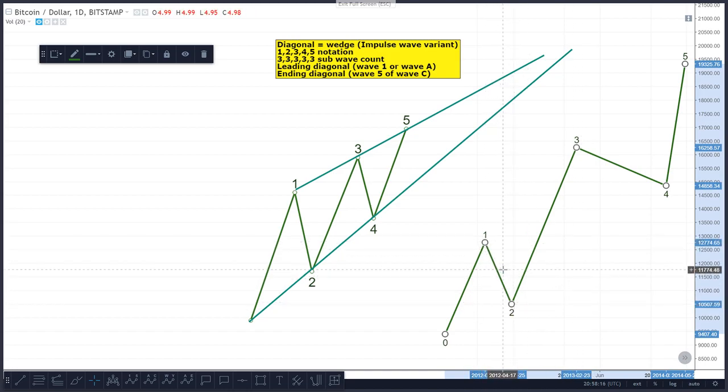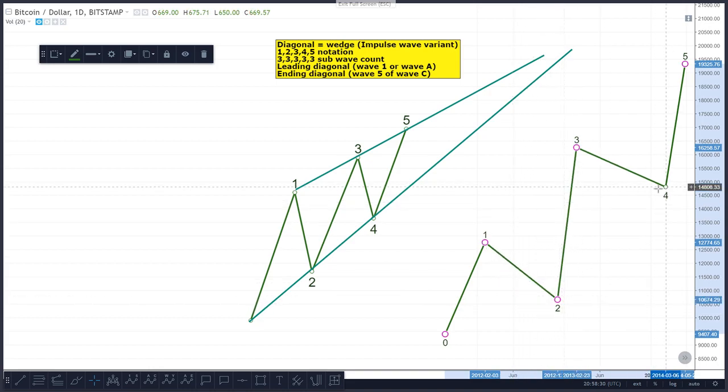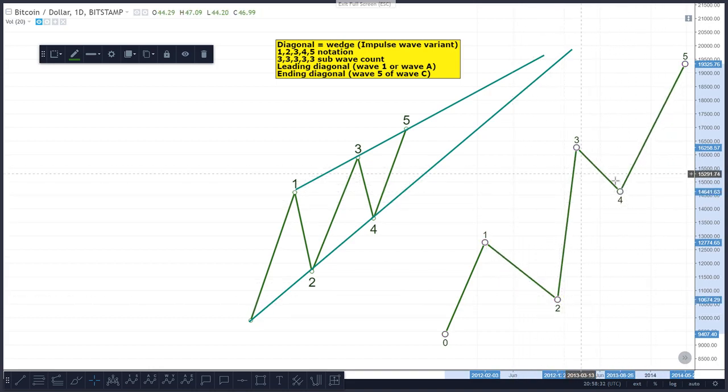This is not a rule, by the way, but it's just something we generally see, and it's well regarded amongst Elliott wave analysts. So that's something to keep in mind. If you see a complex wave 2, you can expect a simple wave 4 in the sense that it'll be quite quick, it'll be nice and regular.